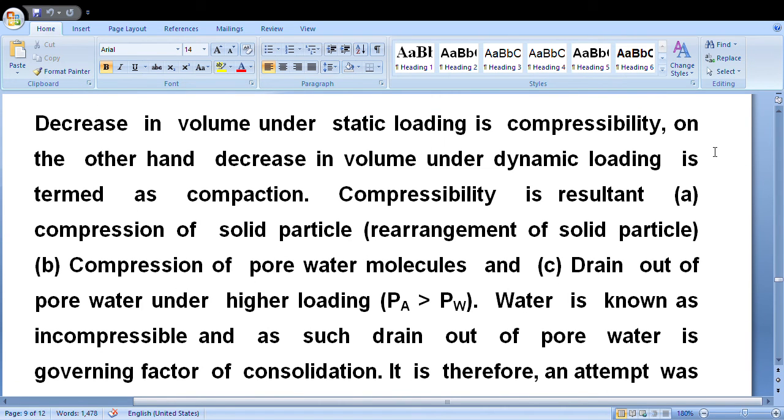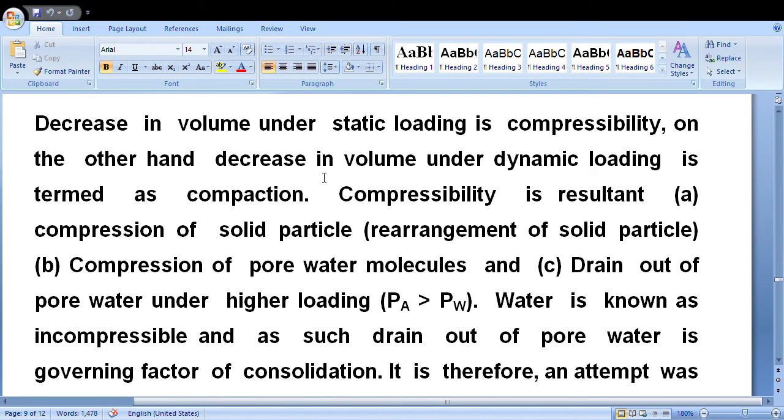under static loading. On the other hand, volume decrease under dynamic loading is termed compaction. In both cases, volume is decreasing. When it is under static loading, it is compression, it is compressibility.